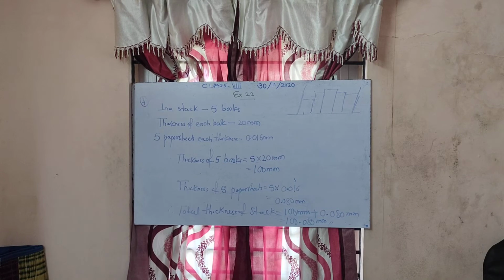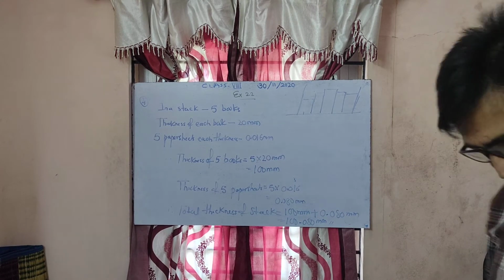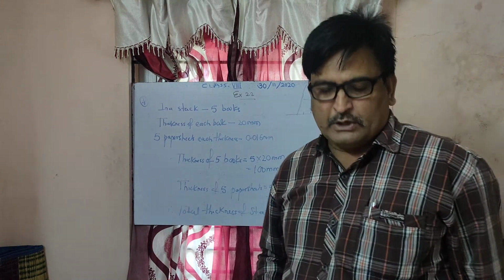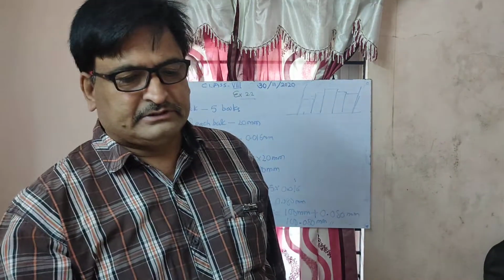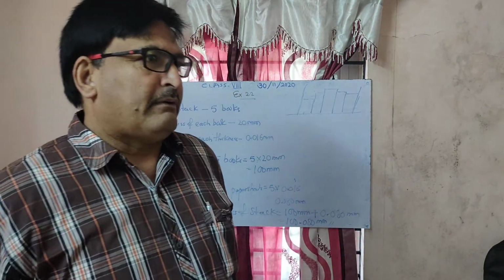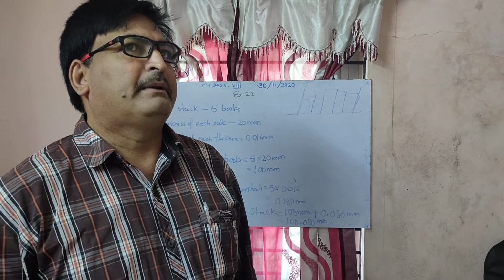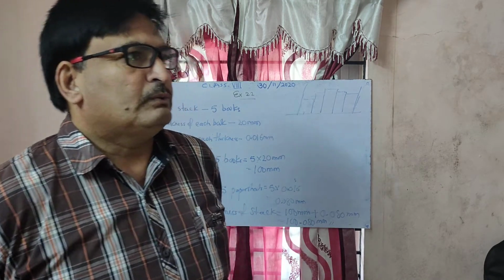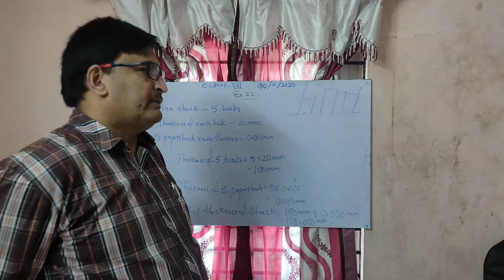So this is everything about the topic that we are doing, that is exponents and powers. We have completed the topic exponents and powers. So I will generalize what you have to remember.